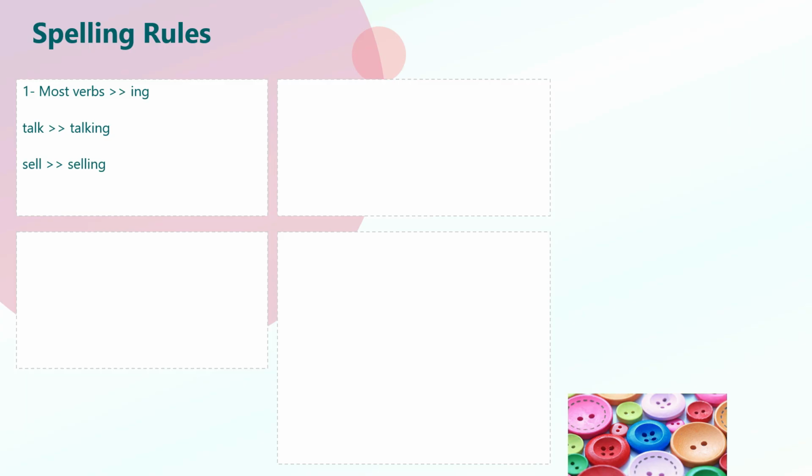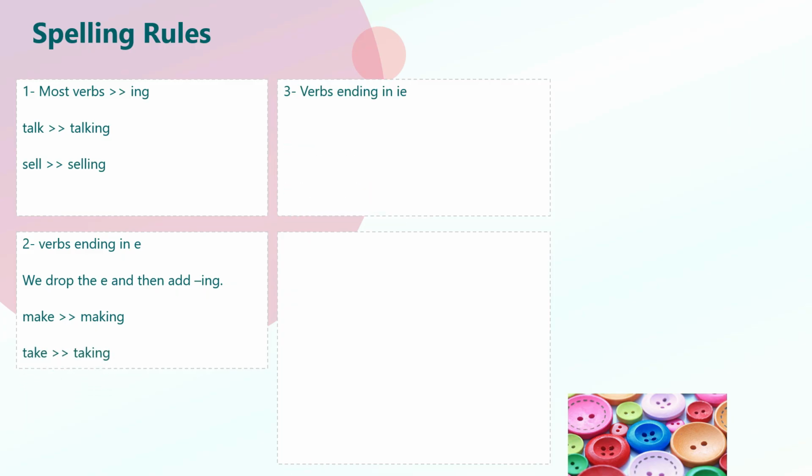We're always going to be adding ing for all the verbs, but sometimes you have to make some changes before that. For example, verbs that end with e need a small change. We drop the e and then add ing. So, make becomes making and take becomes taking.